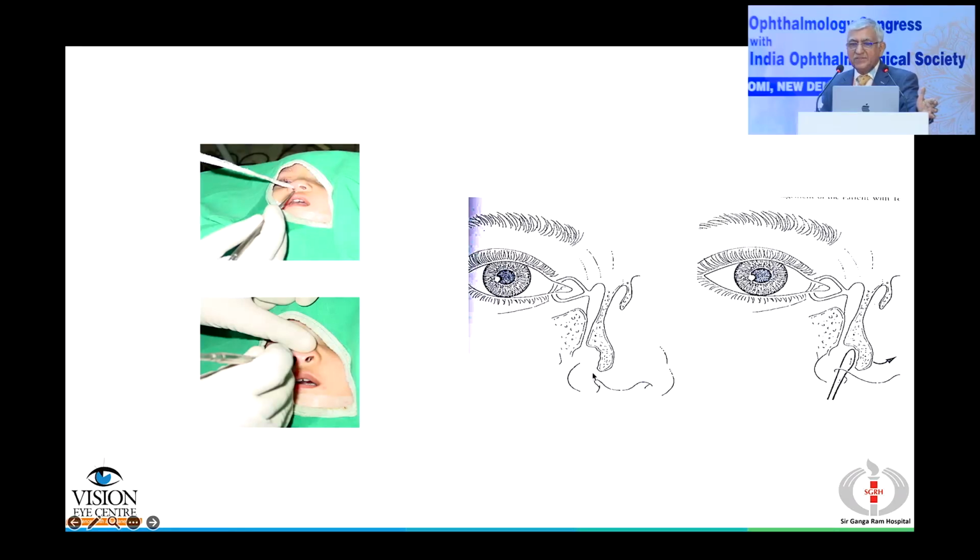Many of these cases will have intermittent problems, so whenever they get a little congestion in the nose, they tend to develop watering and discharge again.